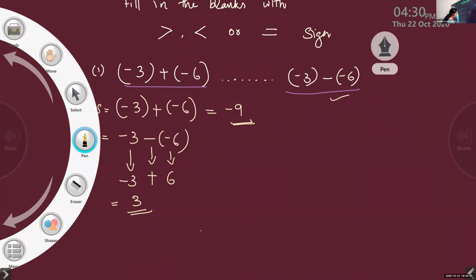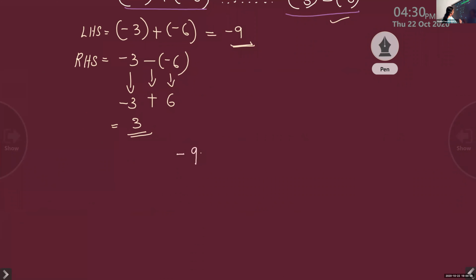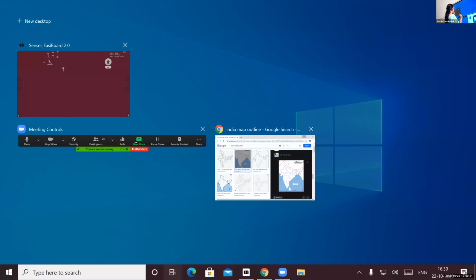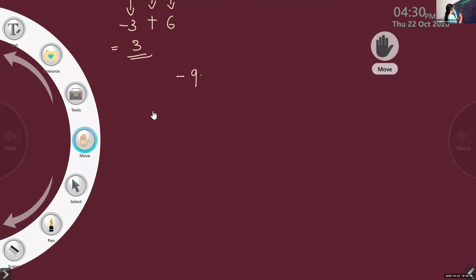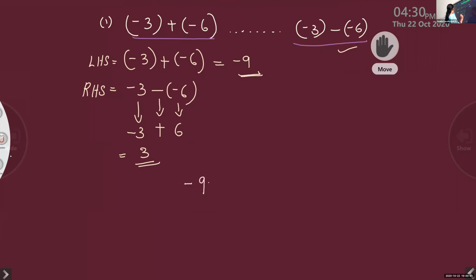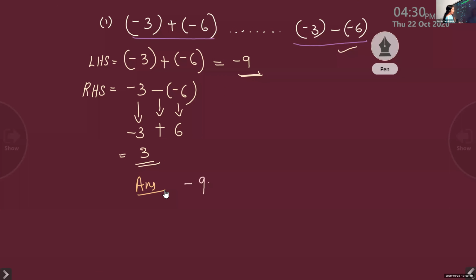So we will rewrite it again, negative 9. One minute, children. The slide went up. So left is negative 9 and right side you got positive 3. Now look here, which is smaller, which sign should you give there?